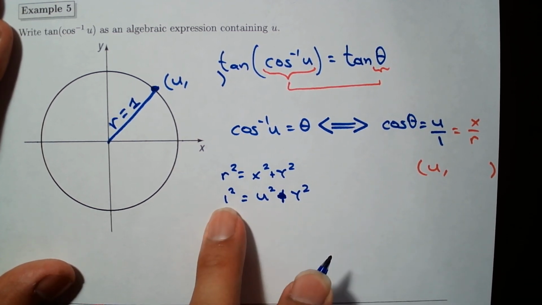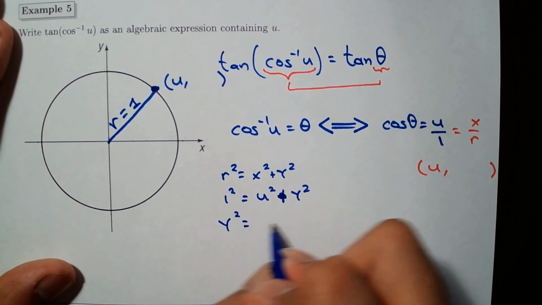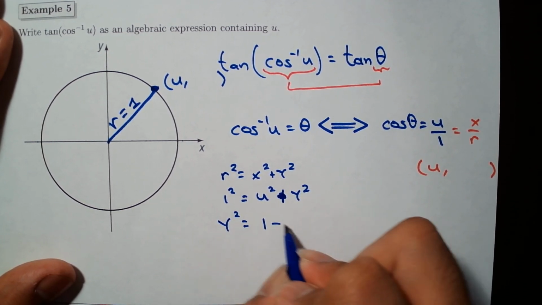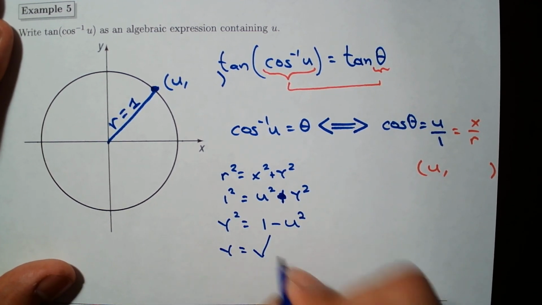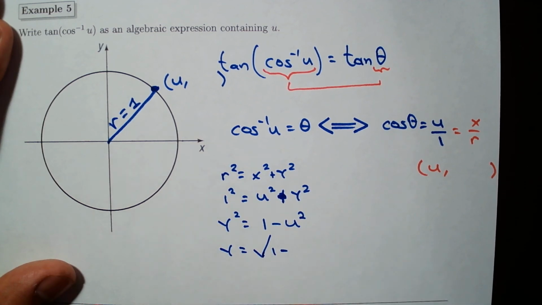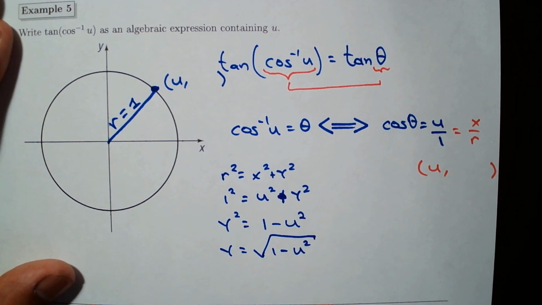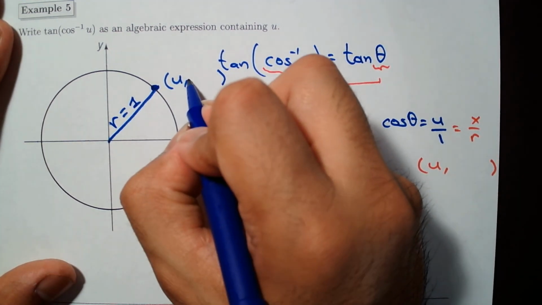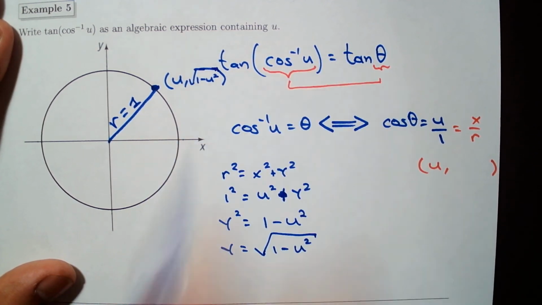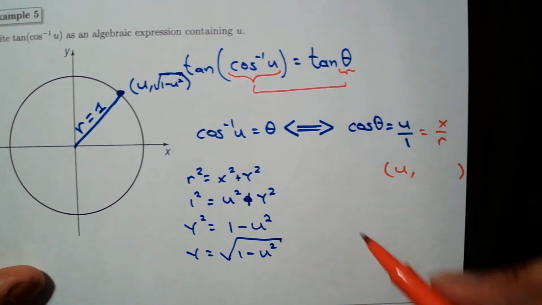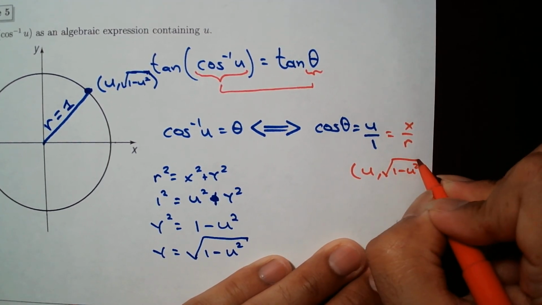So I'm going to isolate y squared. That's going to give us 1 minus u squared, and y equals the square root of 1 minus u squared.